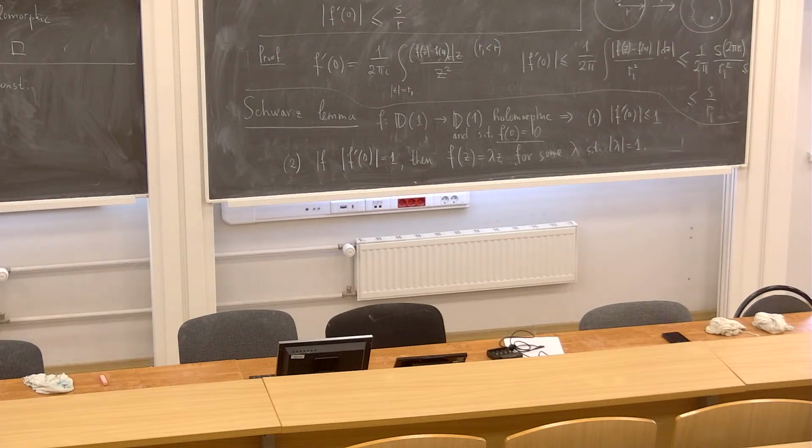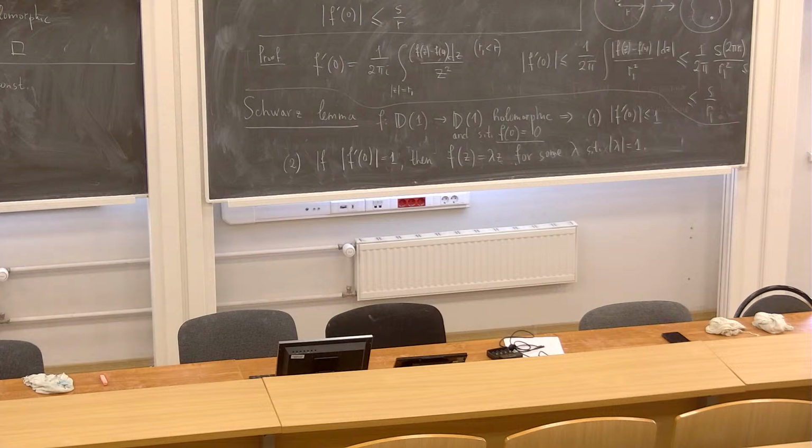Well, f can be restricted as a function from some disk of very large radius to a disk of a fixed radius. So being bounded means just that all values of our function lie in the same disk. And the radius of this disk is just fixed, it doesn't depend on r. However, we know that the derivative of f at 0 is bounded above by the ratio of r naught divided by r.